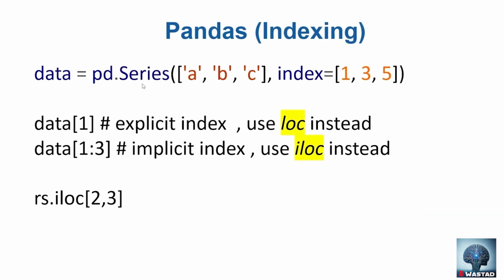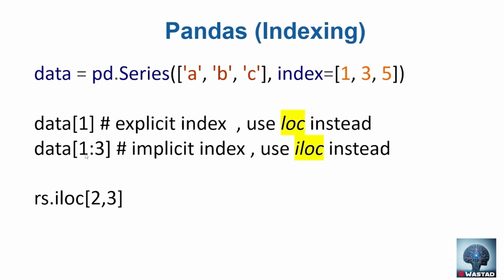Next, we are going to see, as I mentioned earlier, what happens if there is a confusion between implicit and explicit indices, and that I will discuss in the next video. Basically, just to give you a look and feel, what if the explicit indices you supply are 1, 3, and 5, and what if you call this particular command 1:3?